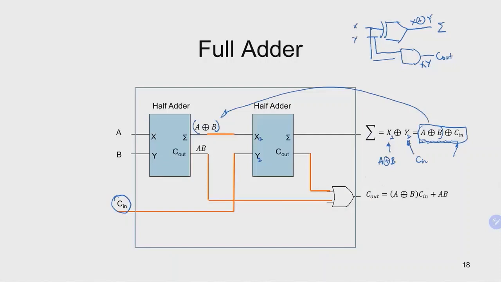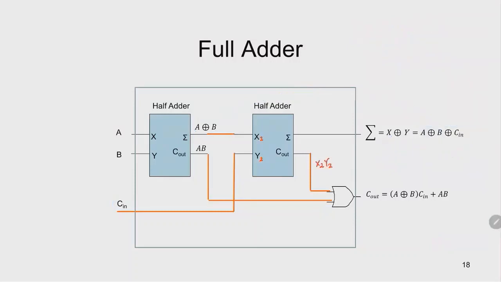And then the carry out, if you look at the carry out from the first adder, this is A AND B, and then here C out will be my X2 AND with my Y2.